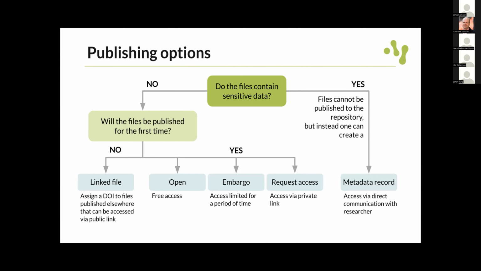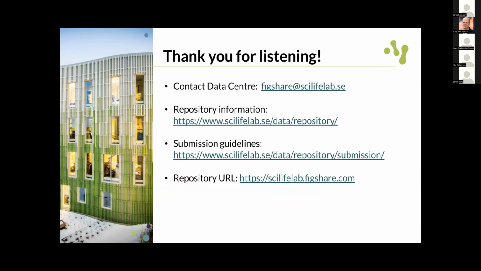But as I mentioned before, if the data contains sensitive information, you cannot publish the data in the repository, but you can instead create a metadata record that points users to contact the researchers directly to get access to the data.